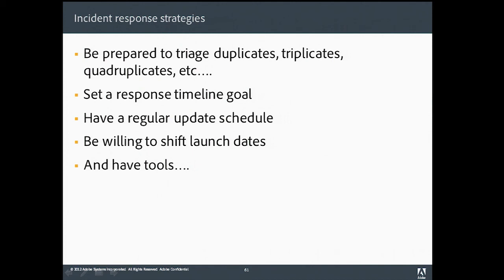One of the hardest things to deal with in terms of decreasing your response time is getting a response timeline goal. Setting a goal seems like one of those mundane things, like, yeah, we should have a goal. Within Adobe, we set a goal of 14 days for responding to 0 days. And just the act of setting that goal changed the mindset, because then the developers had a challenge.